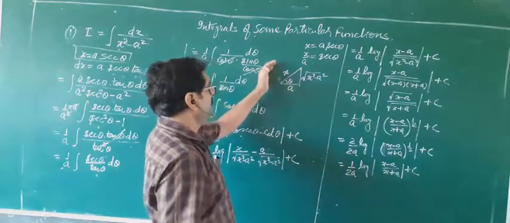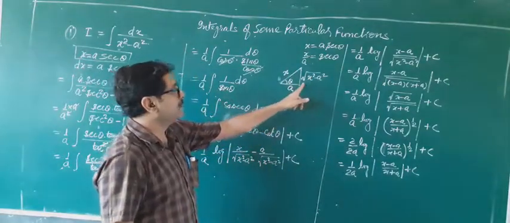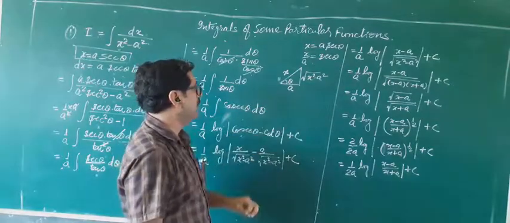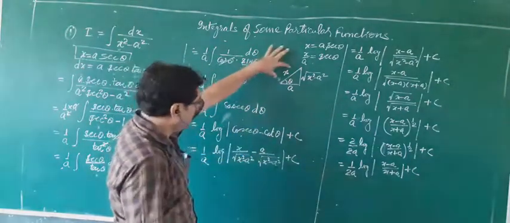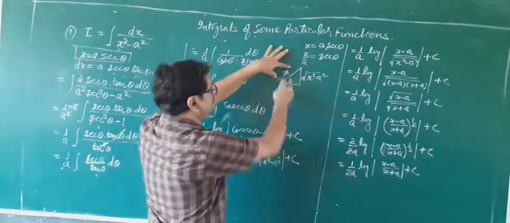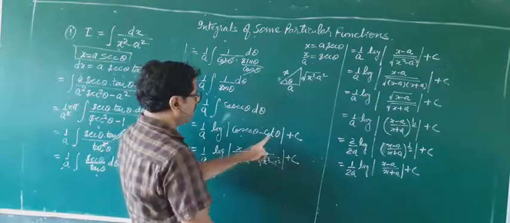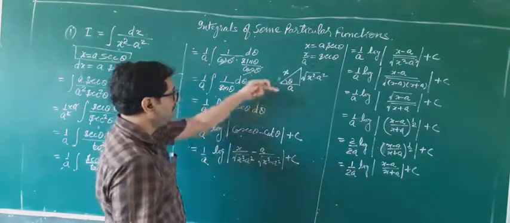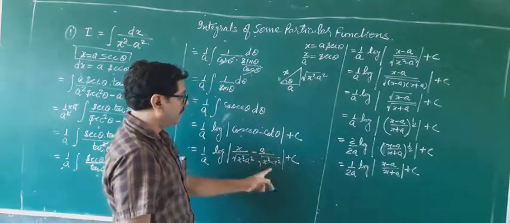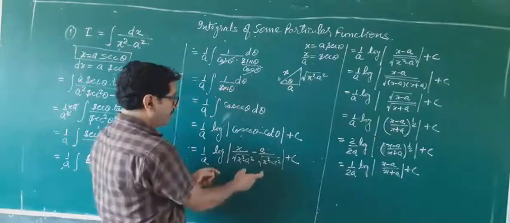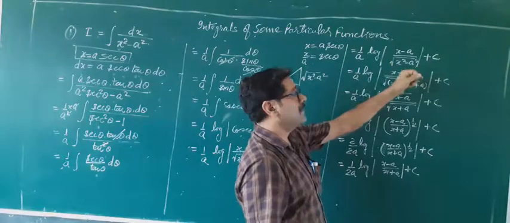By Pythagoras theorem we find the perpendicular is root of x square minus a square. So cosec theta means hypotenuse upon perpendicular, x upon root of x square minus a square, minus cot theta, which means base upon perpendicular, so a upon root of x square minus a square. So this is x minus a upon root of x square minus a square.